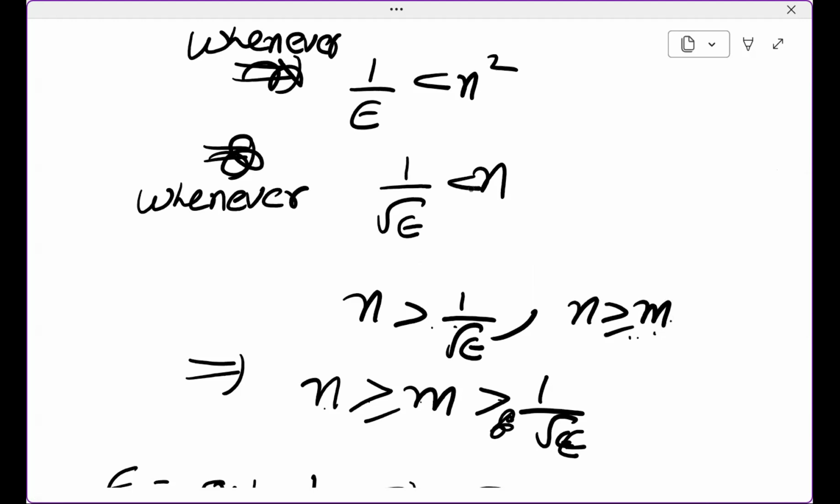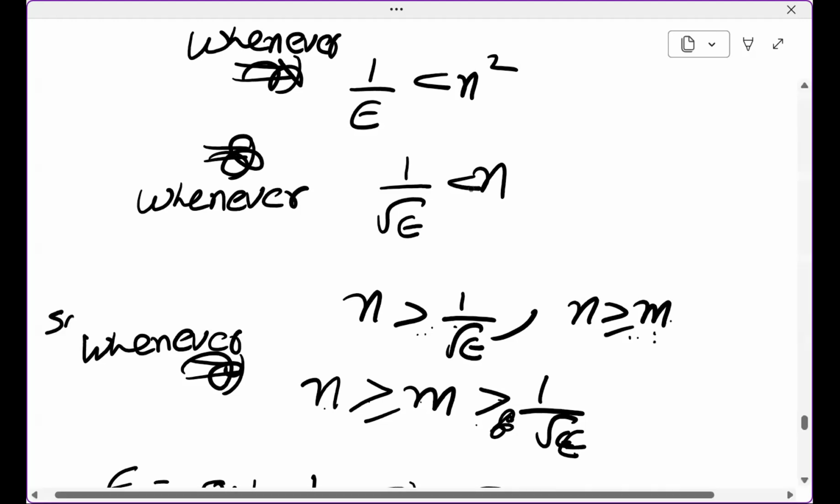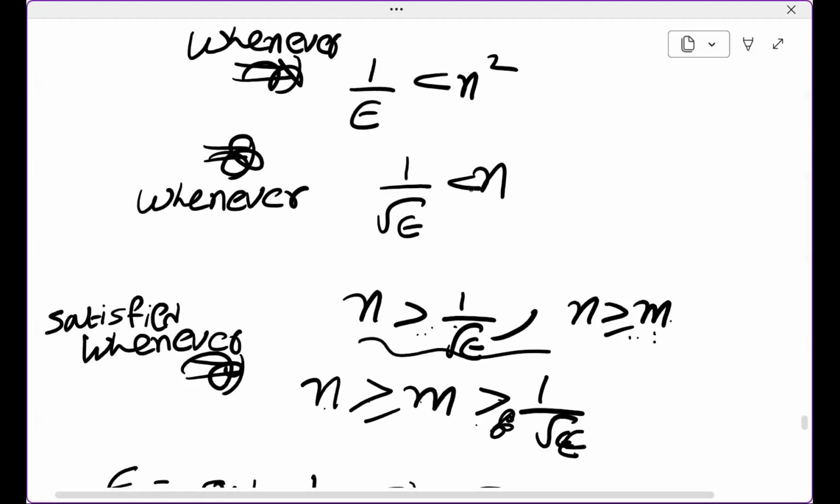Provided n is greater than or equal to m and m is greater than 1/√epsilon. Only then will both conditions be satisfied. So from here we got the condition. Did you understand from here?